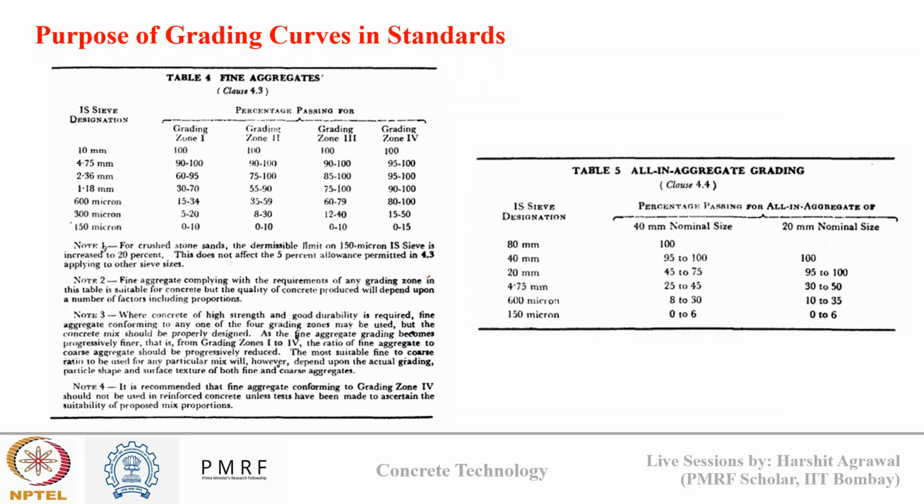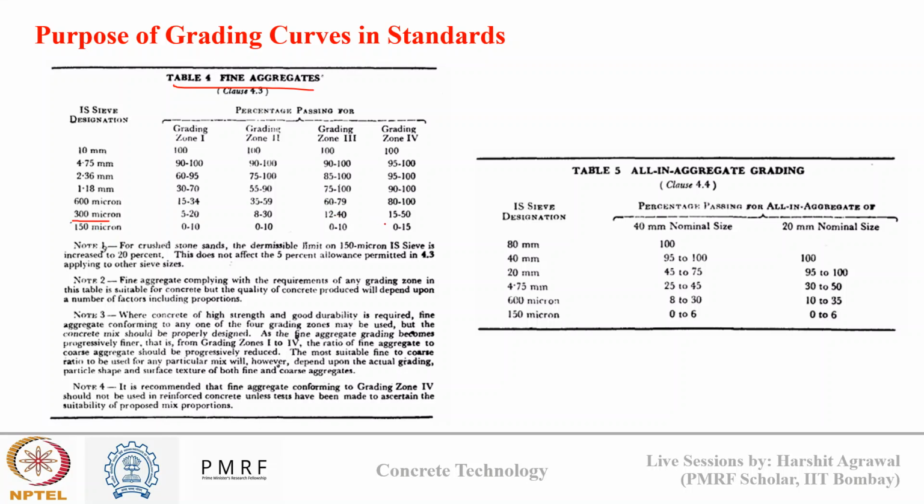Similar to coarse aggregate, we have a table for fine aggregate also, table 4 of IS 383, in which we classify fine aggregate into four grading scales: 1, 2, 3, and 4. You can see the percentage passing through 300 micron size.